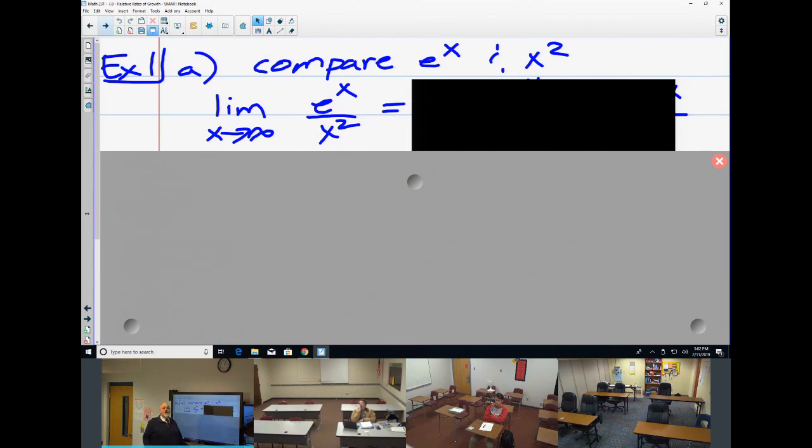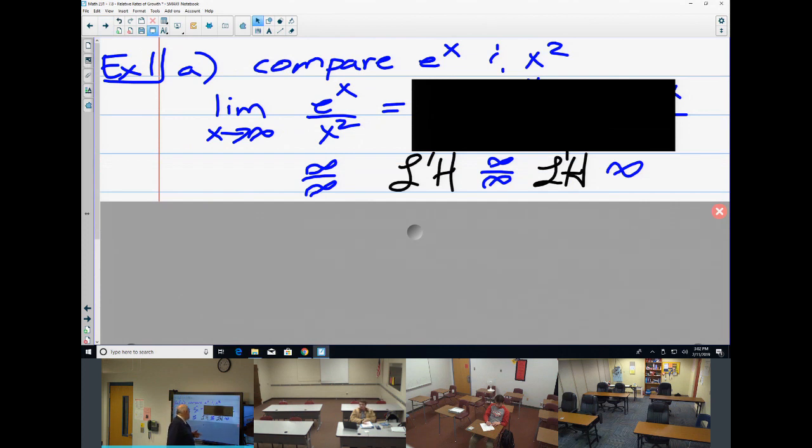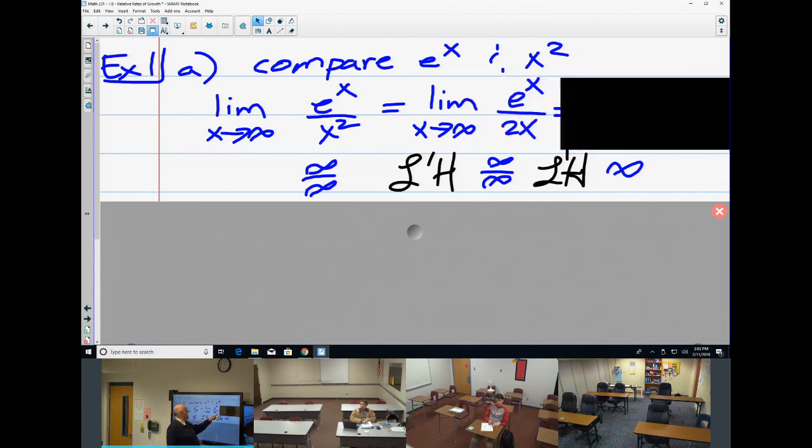Okay, so this is what our problems are going to look like in this section. We'll say compare e to the x and x squared to see which one grows faster. All right, so then you just pick one to go on top, one to go on bottom. It doesn't matter. If I plug in infinity over infinity, that's an indeterminate form. So this is where I use L'Hopital's rule again. The derivative of e to the x is e to the x.